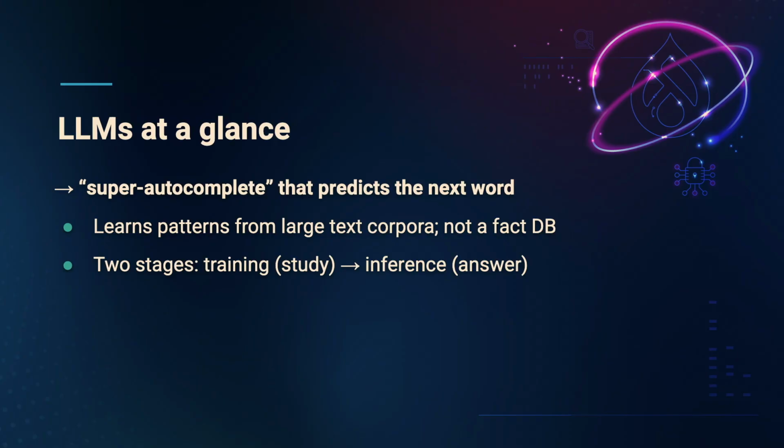So it just reads a lot of text. We're talking about the whole internet. We're talking about every encyclopedia in the world. We're talking about every word that you can find. And based on just reading all this text and looking at these patterns in text, an LLM starts to learn.